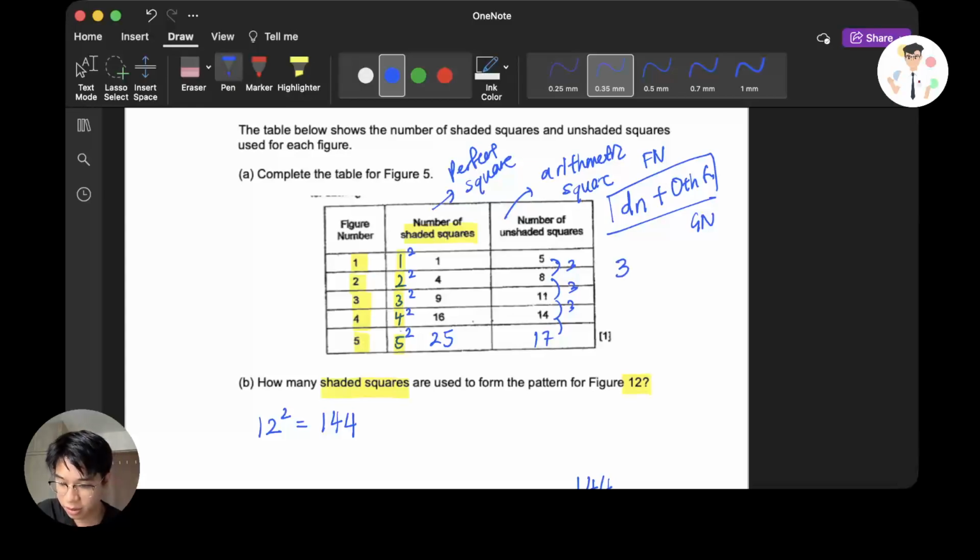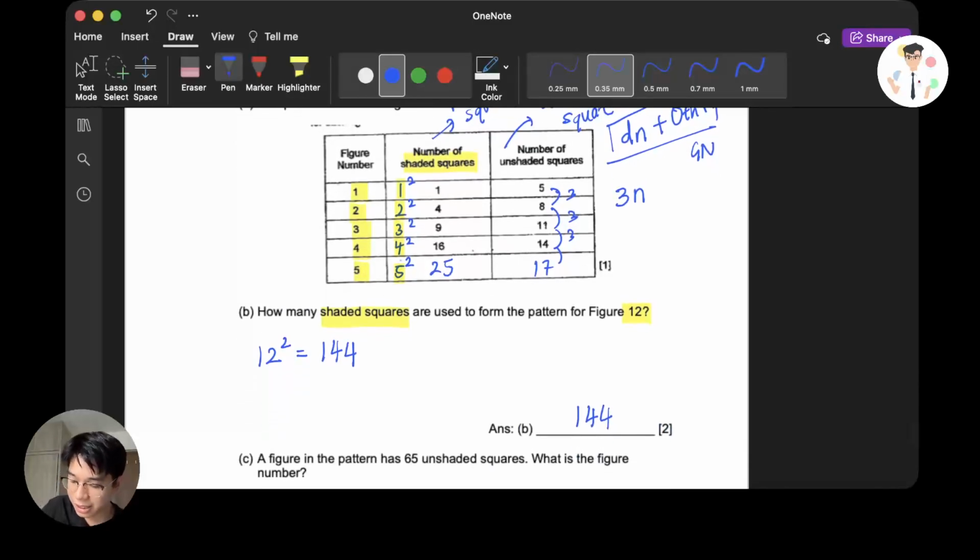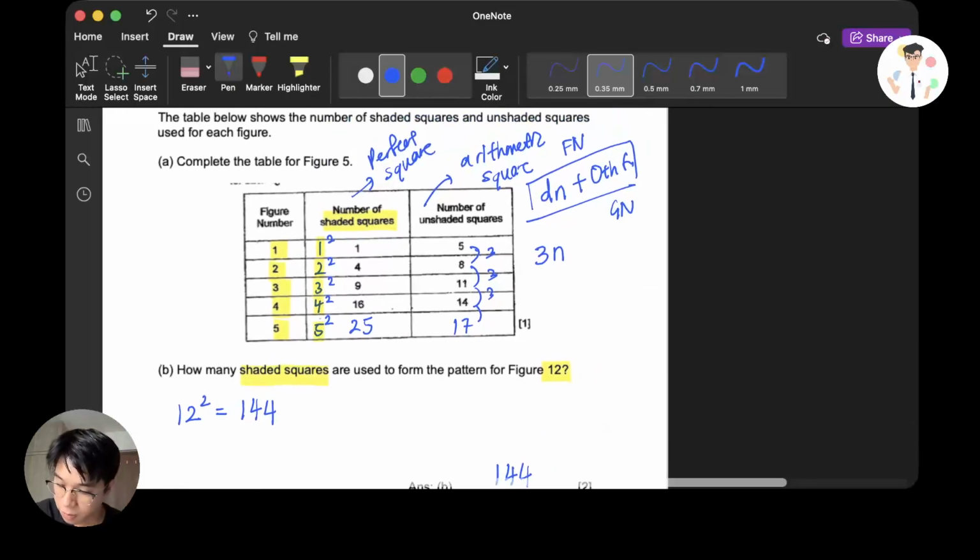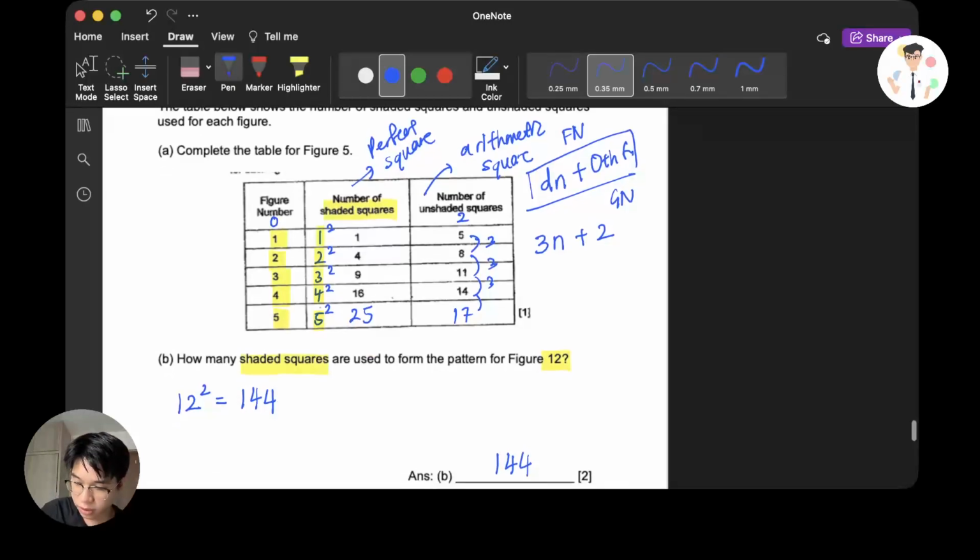What's my N? N is something that I don't know, which is my targeted number, right? My figure number. But this round, they are asking us to find the figure number. Now, plus, what is my 0 figure? If there's a 0 here, what is my number here? It's supposed to be 2. Plus 2. So now, let me just scroll down here.